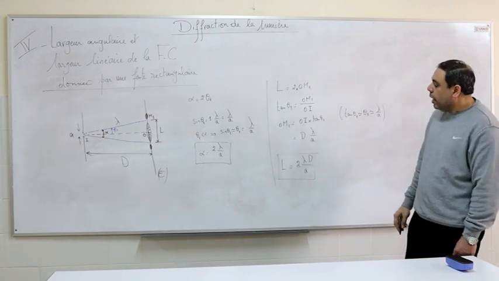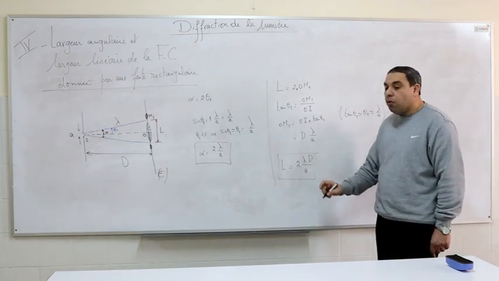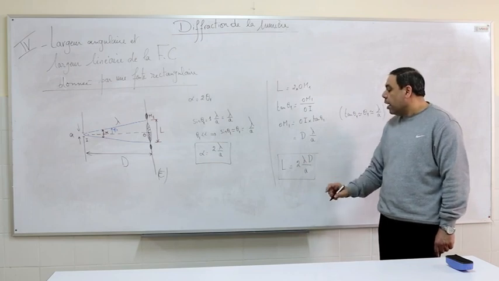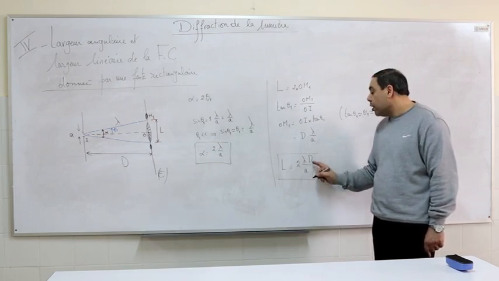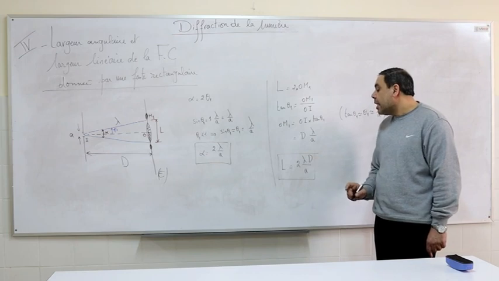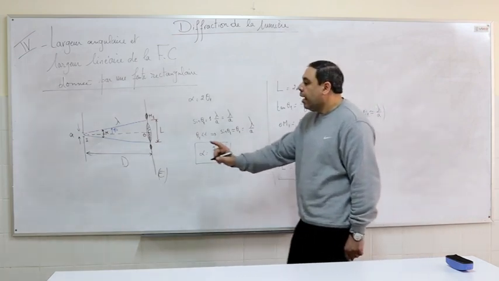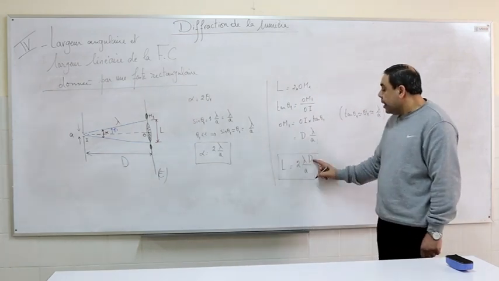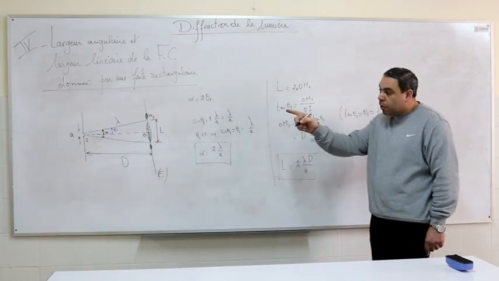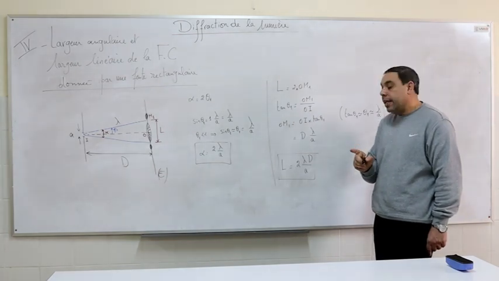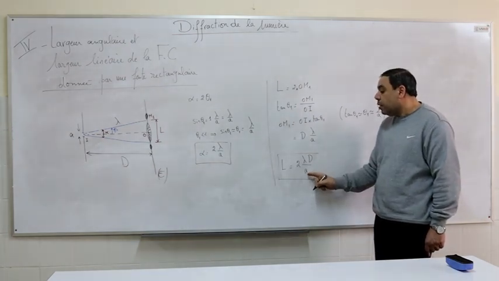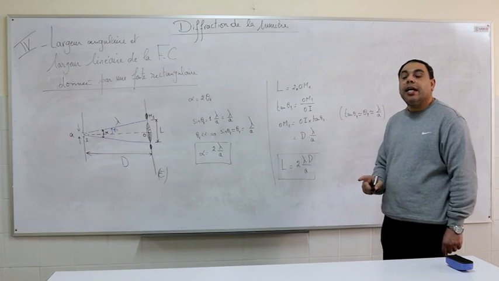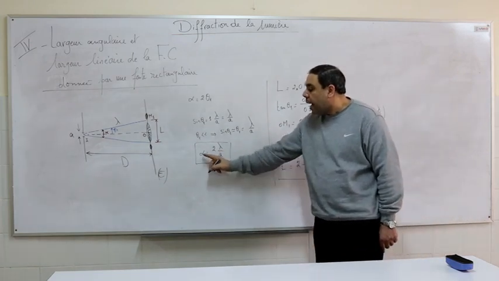As you can notice, the linear width also depends on the wavelength and the width of the slit. It also depends on the distance between the screen E and the slit. So if D increases, the linear width of the central fringe will increase, and when a decreases, L will increase.